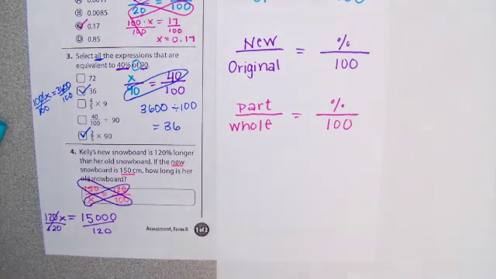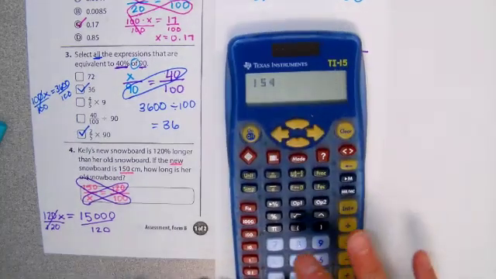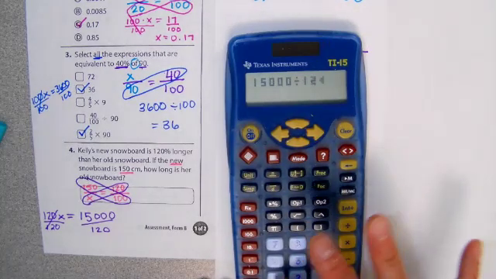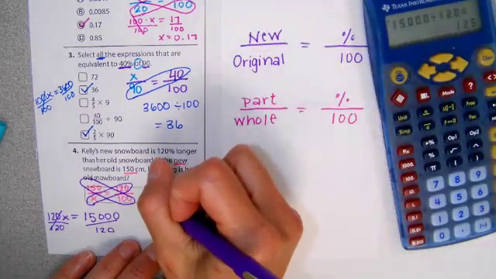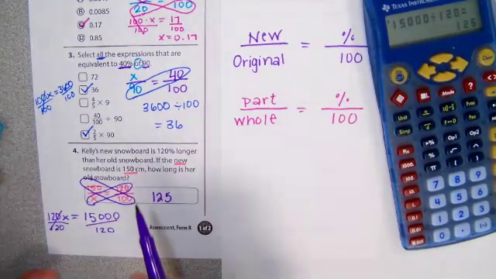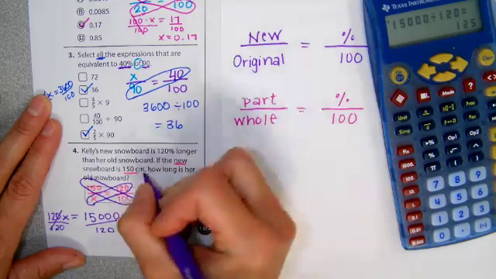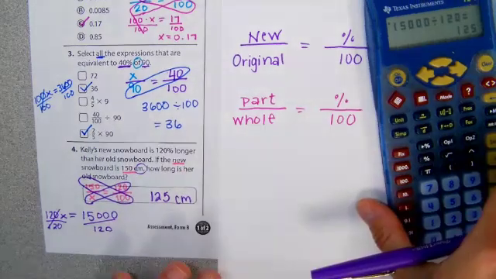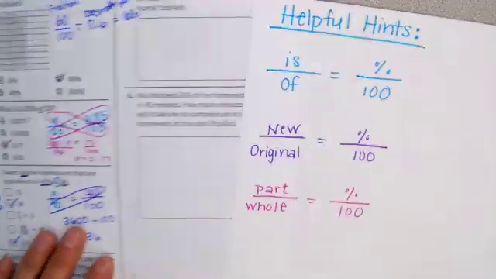So 15,000 divided by 120 equals 125. Our answer is 125. Don't forget your units on these story problems. How long was the snowboard? 125 centimeters. Okay, let's keep on rolling so that we don't make this video a million years long.